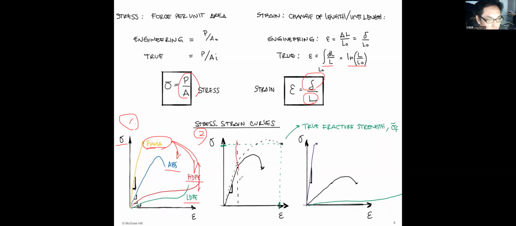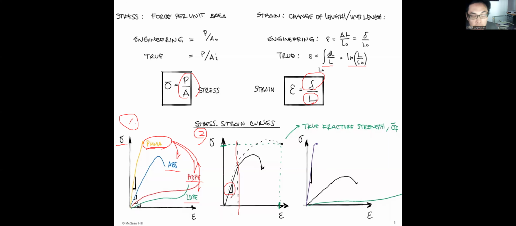Within the linear range, no matter whether it's engineering or true stress and strain, the slopes are close to each other. However, beyond the yielding point, differences between true and engineering stress and strain occur.